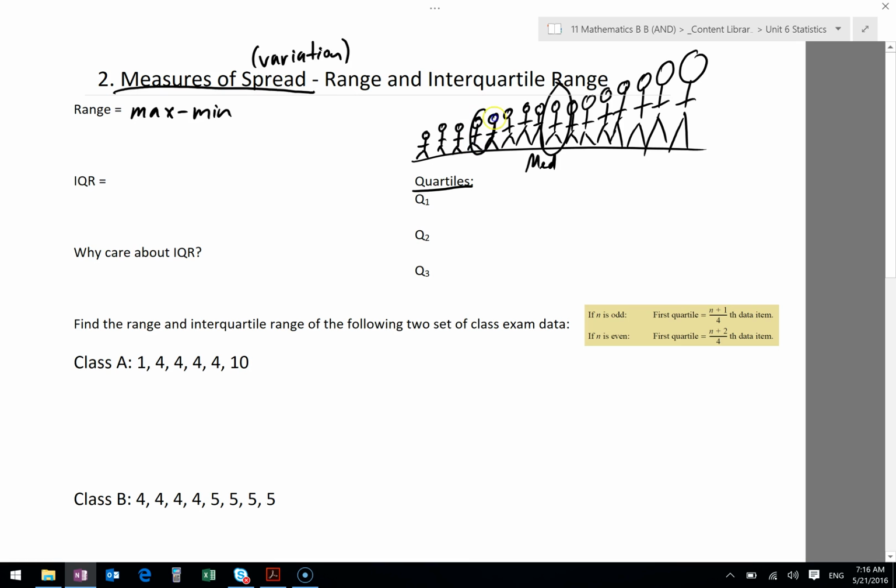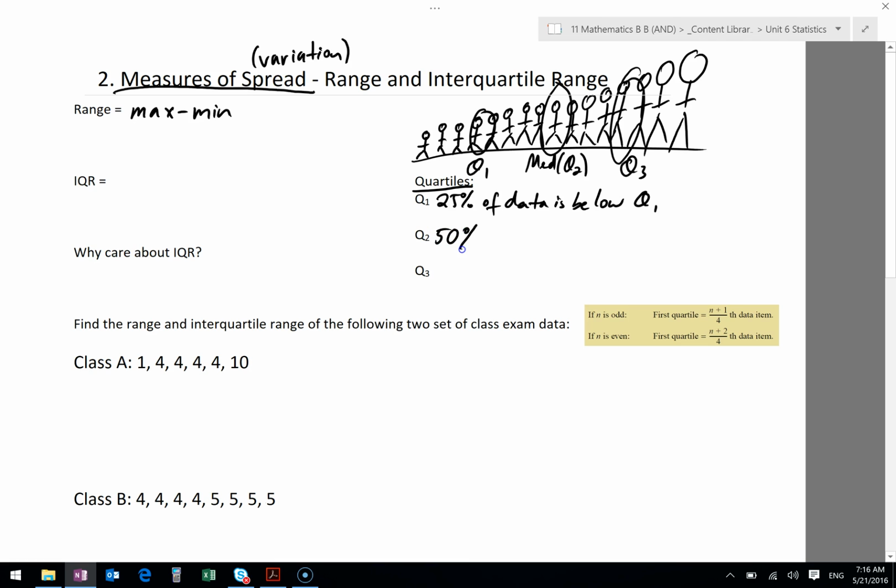So this first part will be the first quartile, the median is quartile 2, and at about 3/4 through is quartile 3. So for these quartiles Q1, Q2, and Q3, we can say 25% of data is below Q1, and we can do the same thing here.